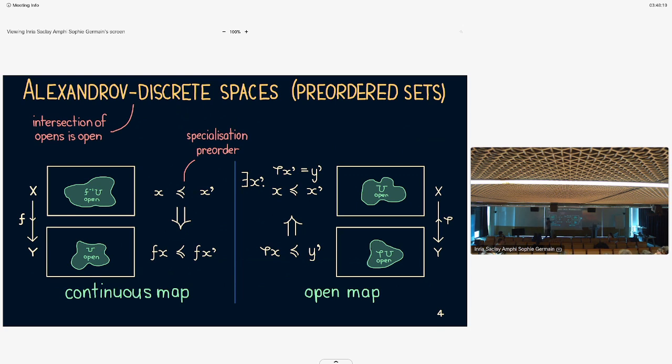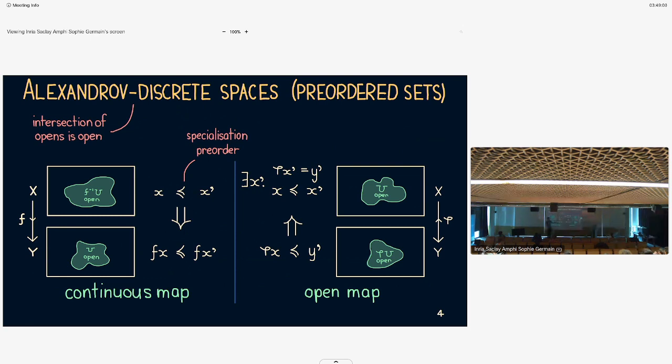On the other side, for topological spaces, there is a known alternative kind of morphism that people are interested in, maybe less than continuous maps, but still interested in nonetheless, and that's the open maps of topological spaces. When you pull the open maps back through this correspondence between Alexandrov discrete spaces and preordered sets, the notion you get out is what one might call a retromonotone map.